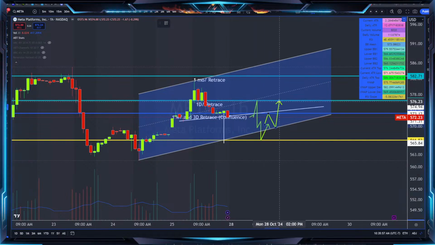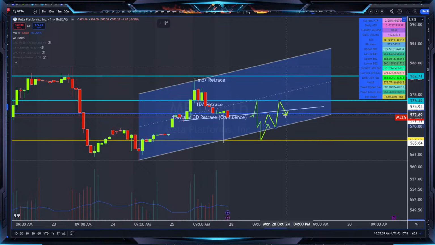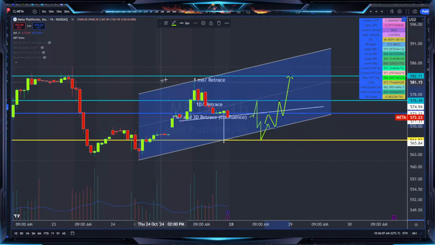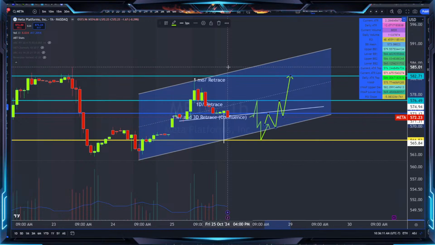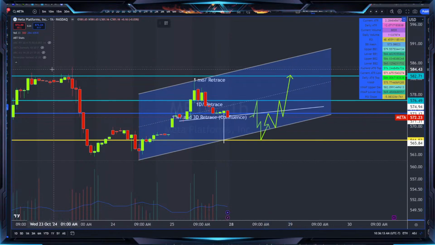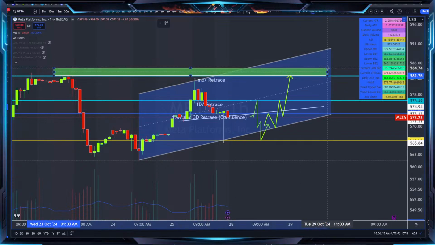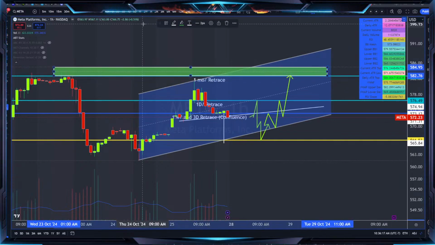This 50% retrace, we resist from the prior day's close, and we come up towards the upside where I believe that there could be a range between 582.81 and 584 or 585.01. So my overall target is that we would potentially be reaching the pinnacle of the day at this point, maybe closing at the 50% of the day as it goes into power hour, which is usually red, right?